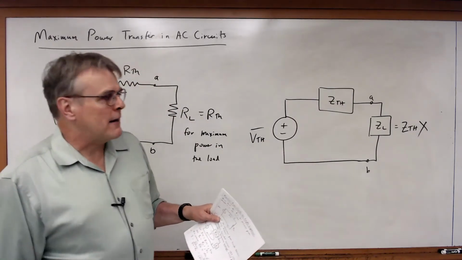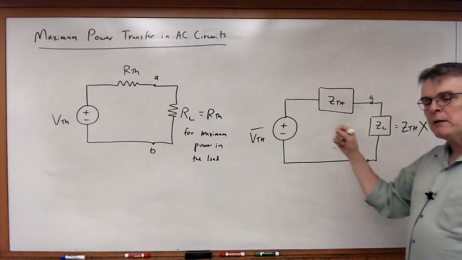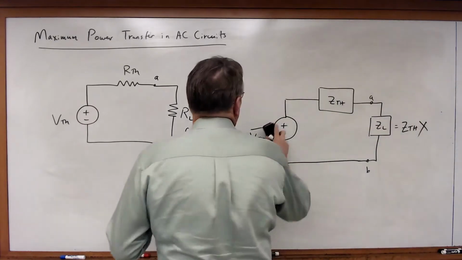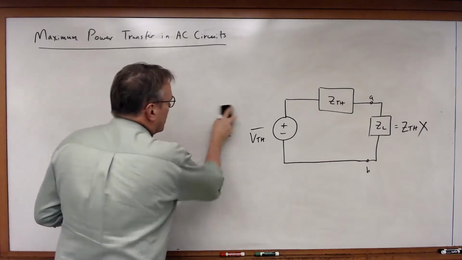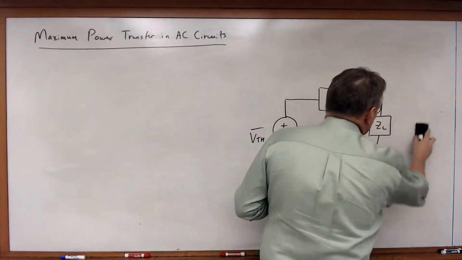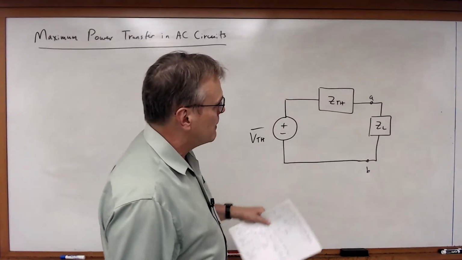Let's now consider what maximum power transfer would be. And once again, we have to go back to some of our basic math. So now let's look at this and let's consider what is the required value of ZL to maximize power in that load.